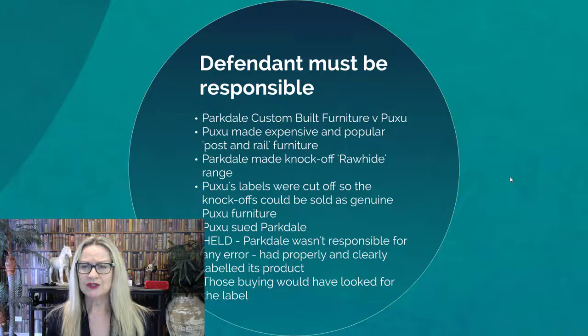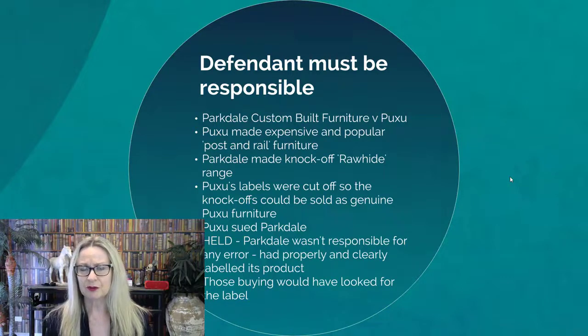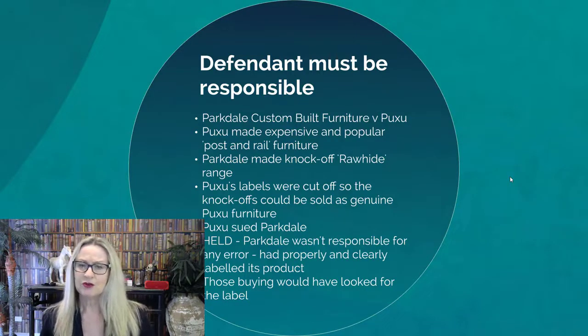The issue was that Parkdale had actually clearly labelled its products Parkdale. So when they left its factory, there shouldn't have been reason for consumers to be misled. Particularly the court had a look here. It's quite interesting the way that the court analyses the relevant class of persons.